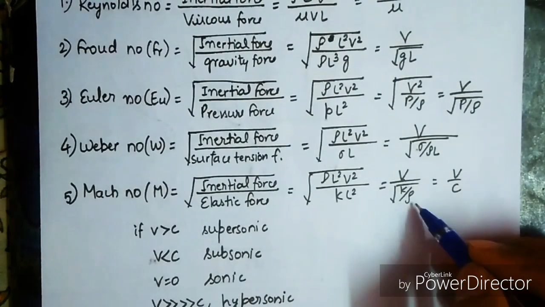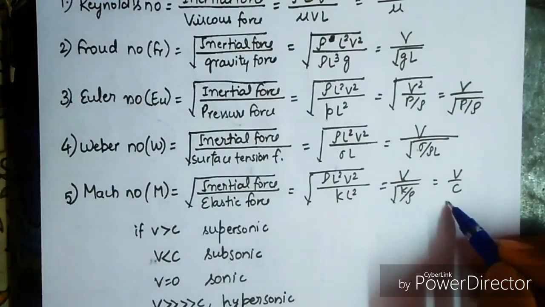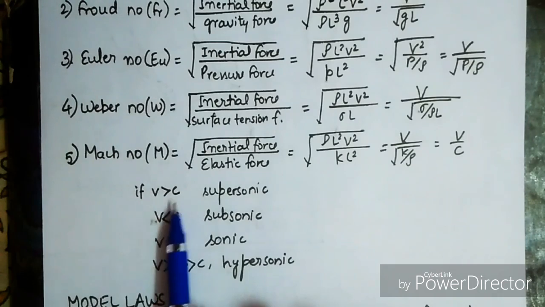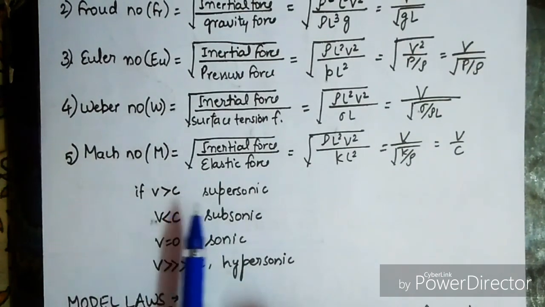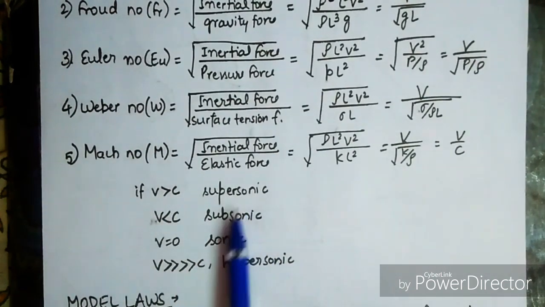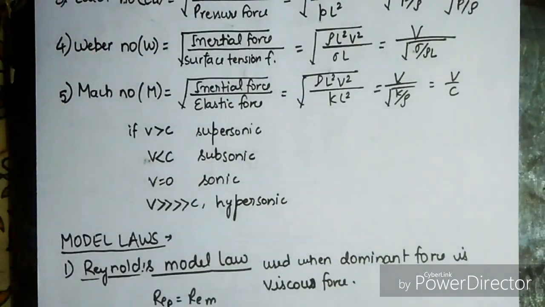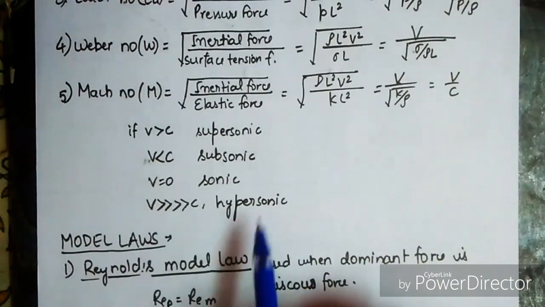For rigid material, square root of K by rho becomes C, the velocity of sound. If the velocity of flow is greater than the velocity of sound, V greater than C, it is the supersonic condition; V less than C is subsonic; V equal to C is sonic; and V much greater than C is hypersonic.